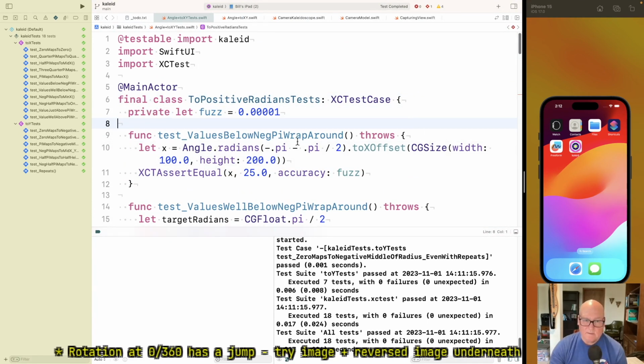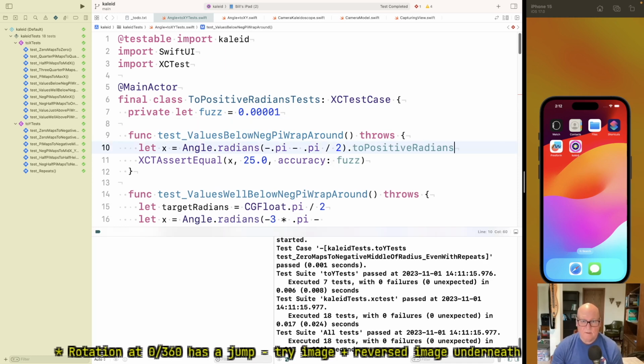Okay, values below negative pi wrap around. So I want to say angle dot radians dot to positive radians. Okay, so if you got minus pi over 2, minus pi gets you halfway around the circle, minus pi over 2 gets you up to 90 degrees.